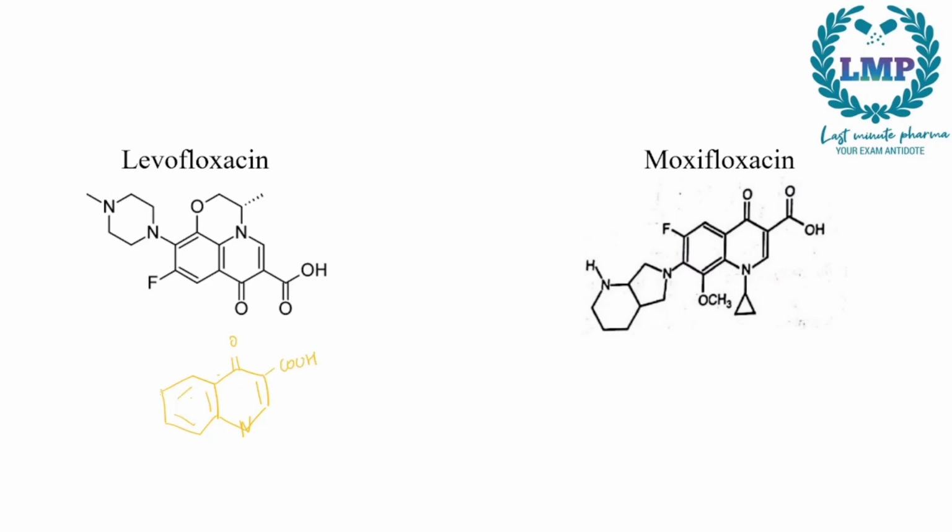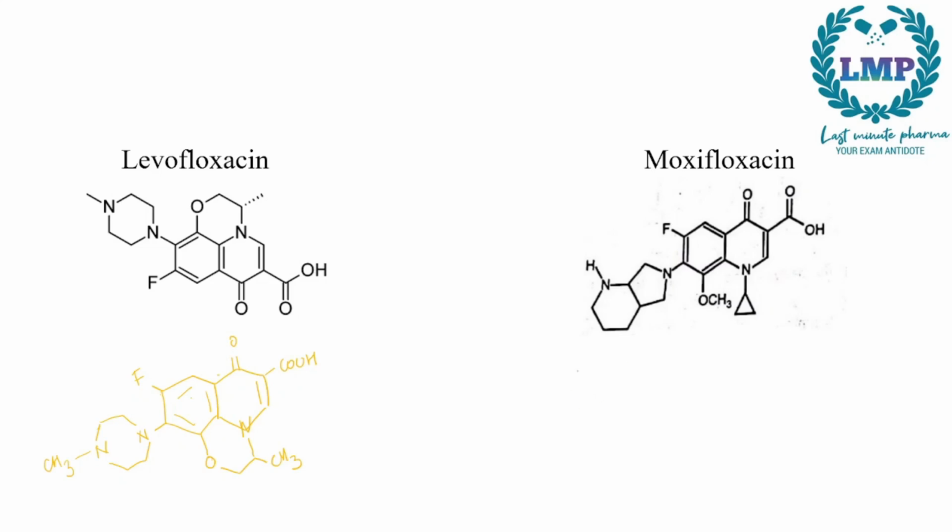In this ring we will have a fluorine group attached here, a piperazine attached right here. Now what we do here is, attached to this nitrogen instead of the hydrogen we will give a CH3 group, and then here we'll take a carbon from here, give it an oxygen and complete it as a benzene ring. So this will give you your levofloxacin, along with the CH3 right here.